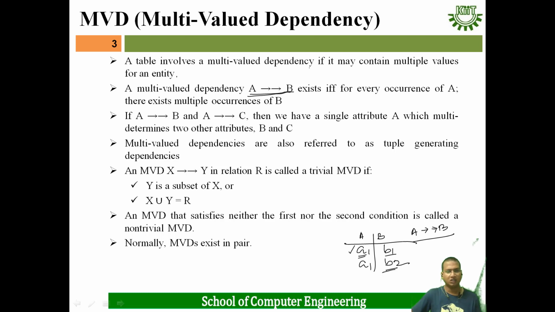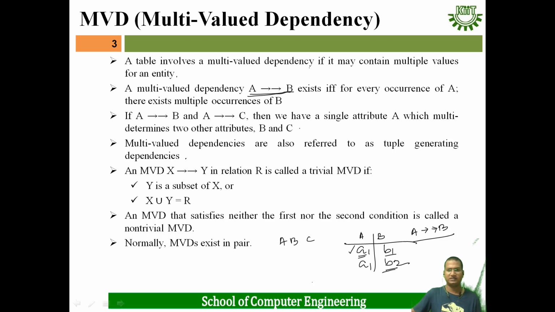If A multi-determines B and A multi-determines C, then we have a single attribute A which multi-determines two other attributes B and C. Multi-value dependencies are also referred to as tuple generating dependencies. Generally multi-value dependencies create problems when there are three attributes in a table.